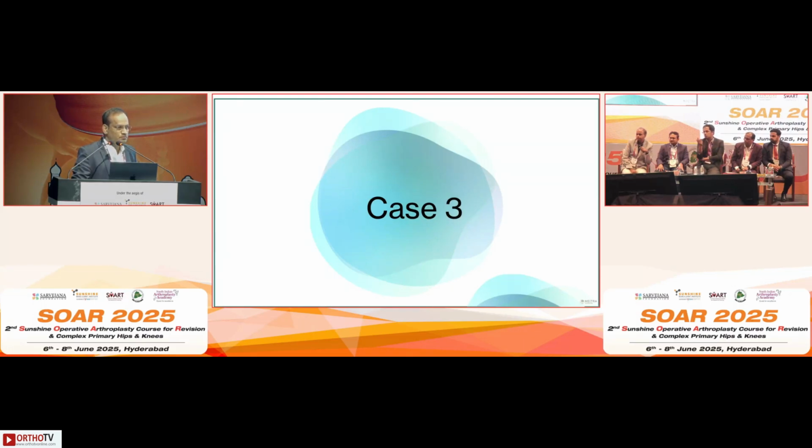Otherwise, they would have sunk. So definitely, rodding on the tibial side has a very valid role in osteoporotic bones and in highly obese people. Short and stubby are definitely good. But the impression that long stems will give tibial shin pain is ill-founded. We have not found anything.